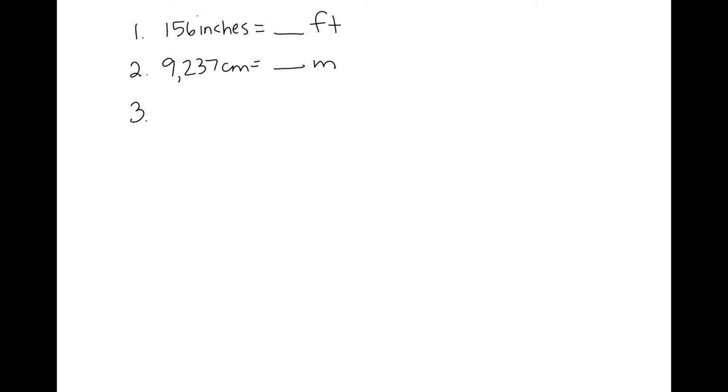Number 3: 8 7/75 pounds is equal to how many ounces? Now, I would like you to do these on your student side, and you can pause the video now, and I want you to work all 3 out.